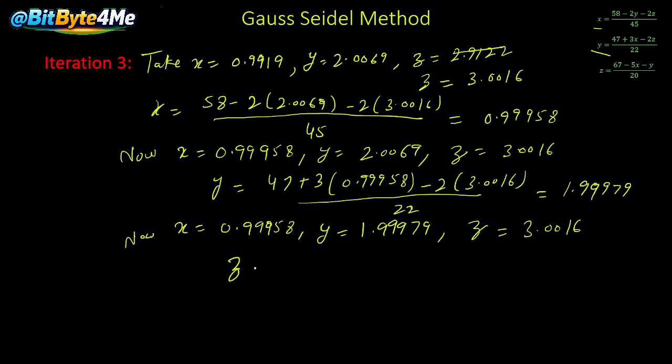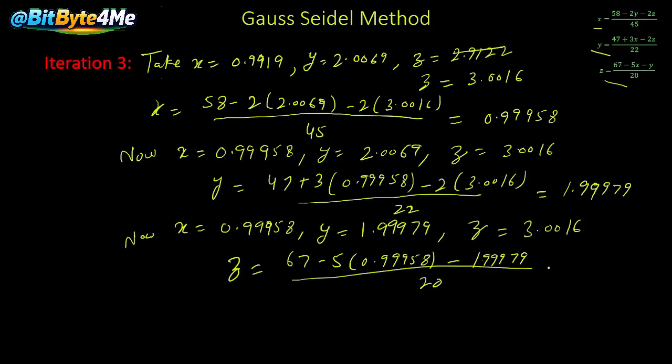So z is equal to, based on this equation, 67 minus 5 into x, the value of x being 0.99958, minus y, 1.99979, and divided by 20, and its value will be 3.0012. So we have got the new values of x, y and z.